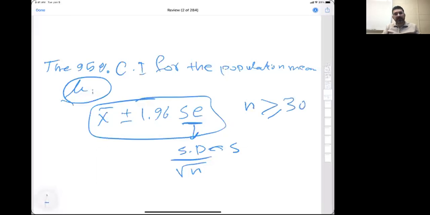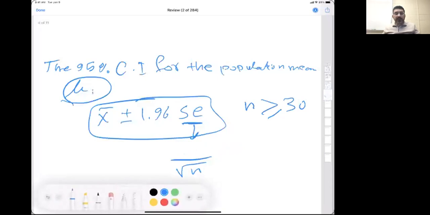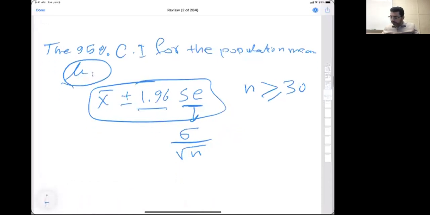What if it's not greater than 30 observations? It's less than 30 observations. In other words, here we assume that we know the population standard deviation sigma, so we can apply this one and use 1.96. What if we don't know sigma?